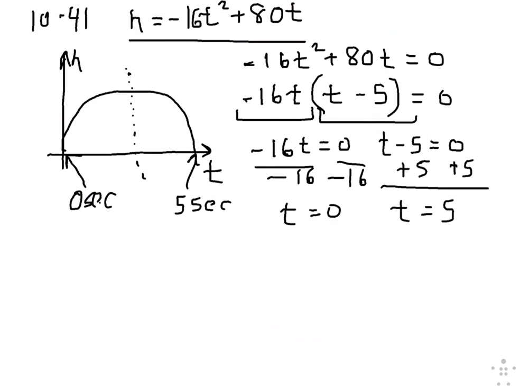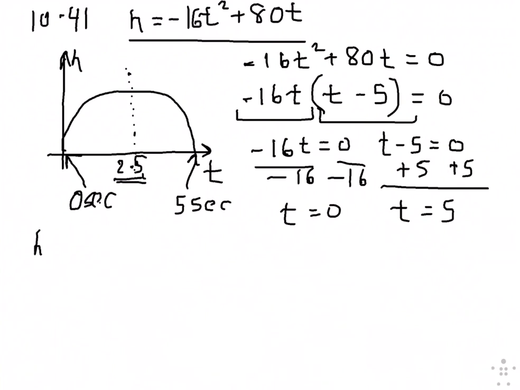So that means that at t of 2.5, because the middle of 0 and 5 is 2.5, the height at 2.5 is going to be the highest part. So if I already know the t, which is 2.5, and I want to get the height, I can substitute 2.5 into the original equation and solve for the height.